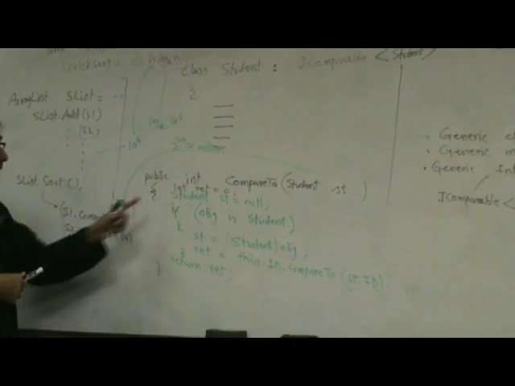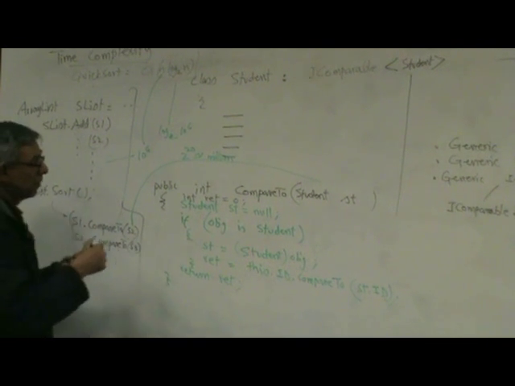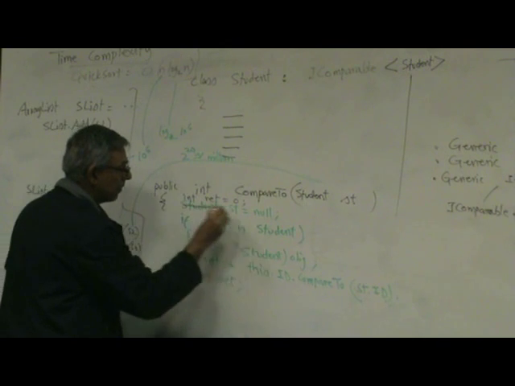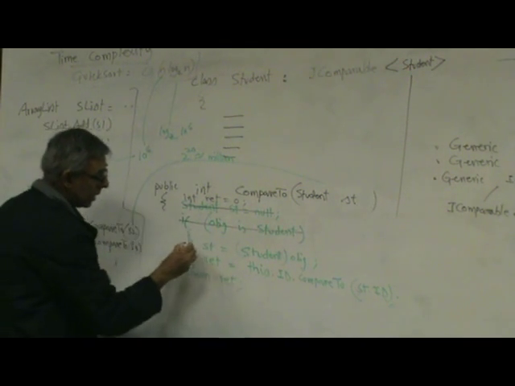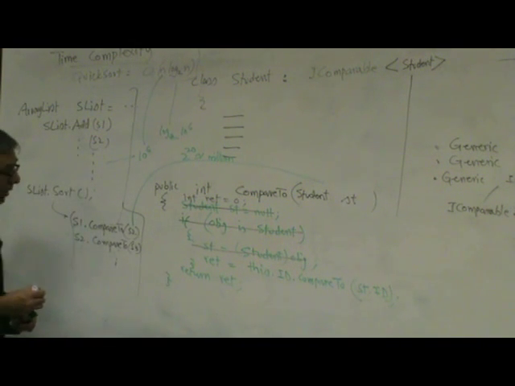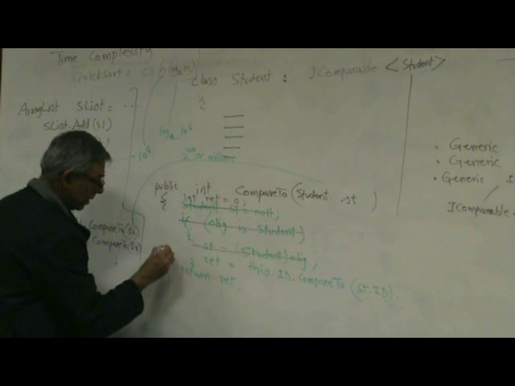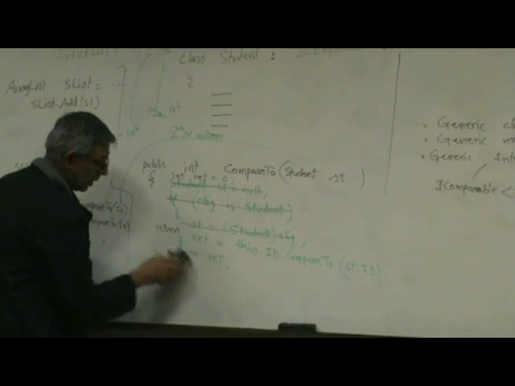Because it's of type Student, do we have to do verification now? No. So there's no need for this. There's no need for this, right? There's no need for this. And we can simply do return.